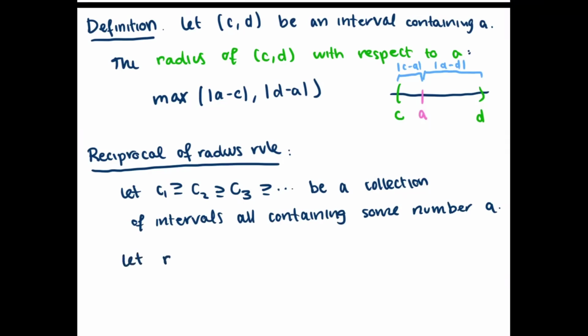So I'm going to let R sub K be the radius of C sub K with respect to the number A. Okay, so R1 is the radius of C1 with respect to A, R2 is the radius of C2 with respect to A, and so on. So this statement works for any integer K that you put in there.